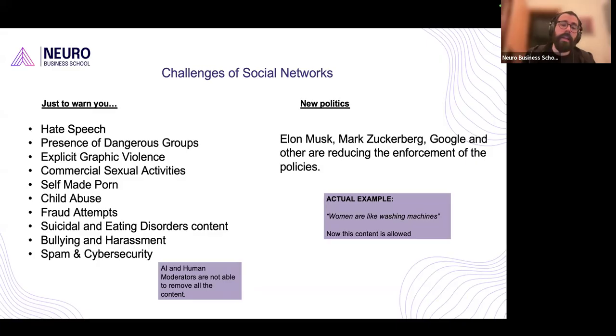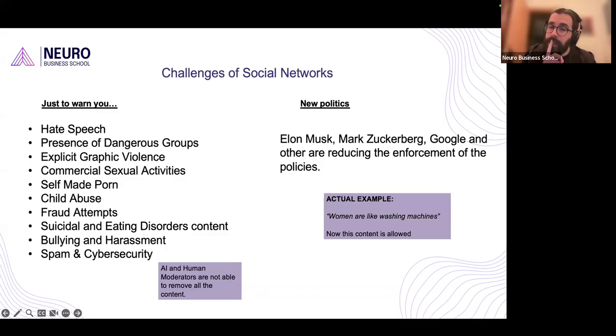So artificial intelligence and human moderators, that's a job, trust me, because I worked on this for a long time, are not able to remove all this content. Also, you need to keep in mind, as I mentioned, that there are policies that say what to keep and what to remove.